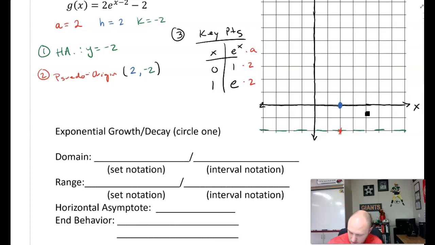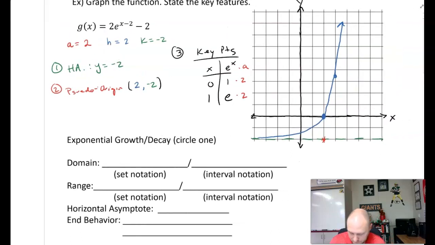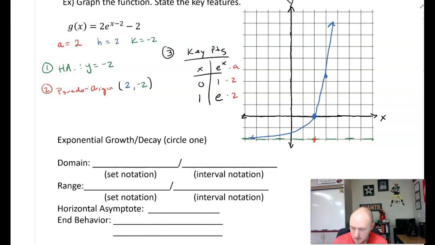And instead of up 2.7, I'm going to go up 5.4. Let me just double check that. 1, 2, 3, 4, 5.4. Okay, good. So it's going to grow very, very steep. Make sure you put arrows on both ends.